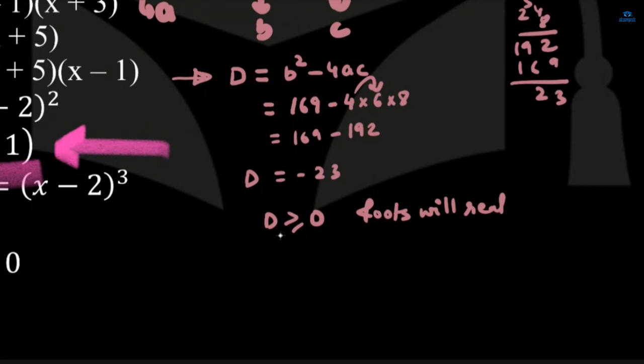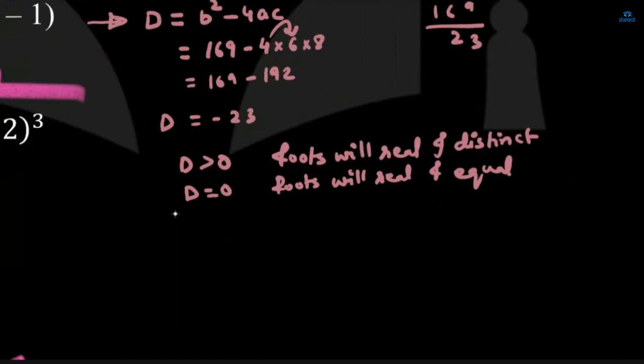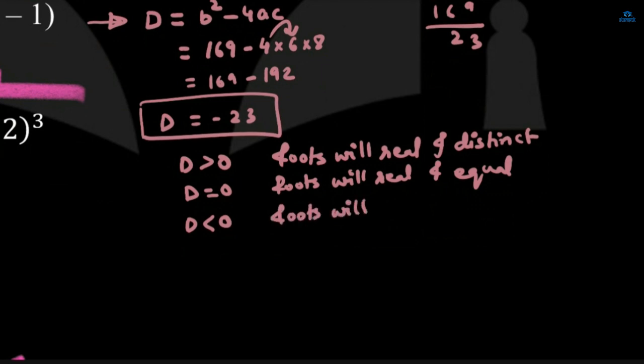If you get D equal to 0, then the roots will be real and equal. And if you are getting D less than 0, it means it is negative, like the one that we got. Will the roots be not real? The roots will be imaginary. Okay.